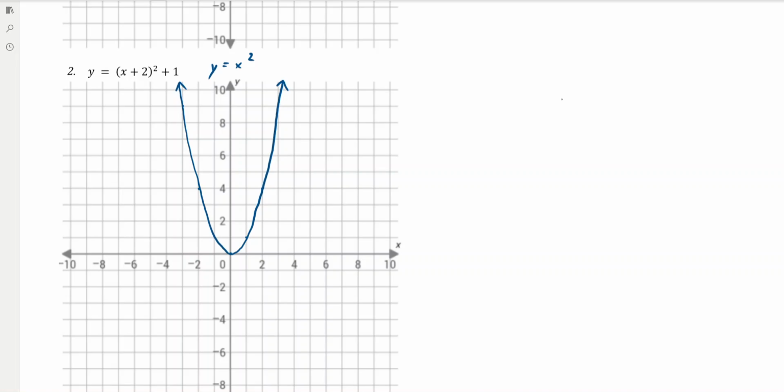So again, the y value means that we're going down, this is going to be up by 1. And the x value is telling us we go left by 2. So down by 1, left by 2. So this is our new bottom.